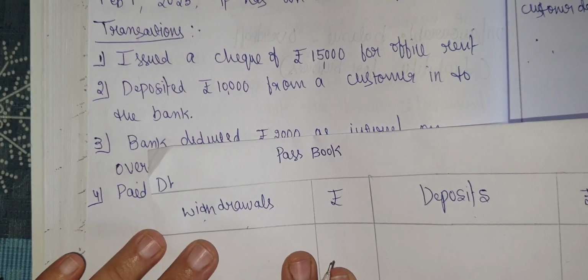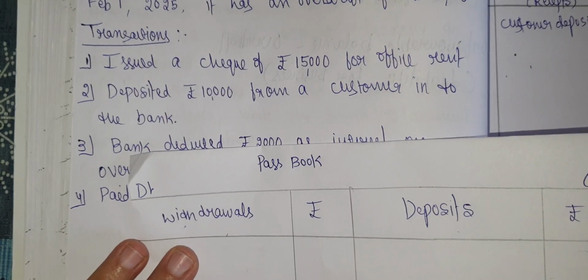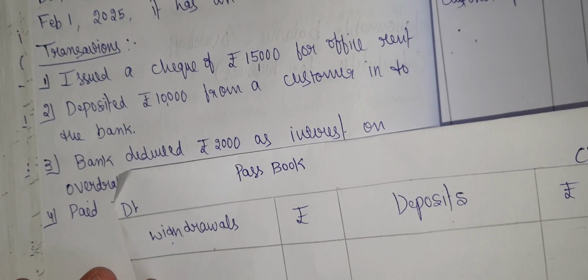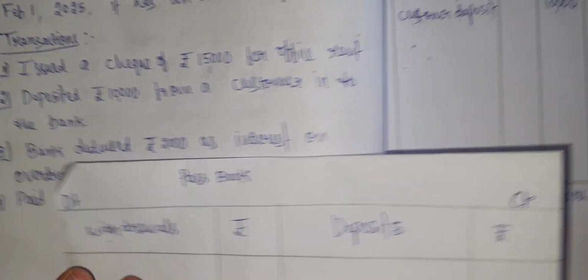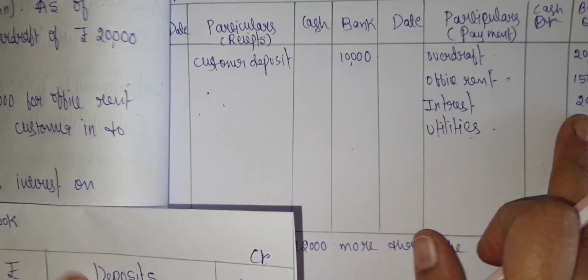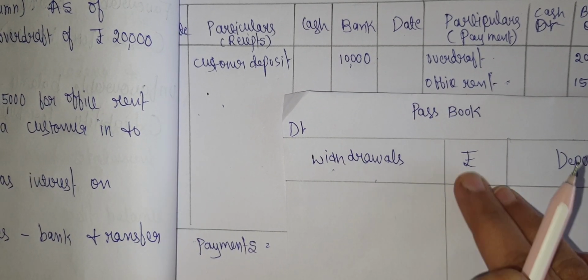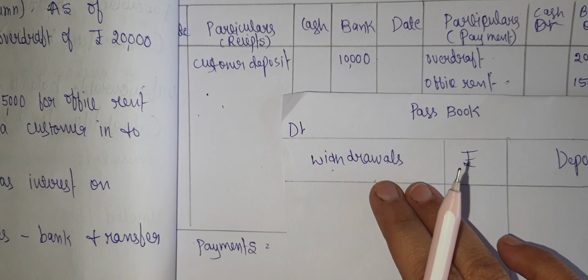So here withdrawals means we have to write down the overdraft, that is rupees 20,000, office rent 15,000, interest 2,000 and utilities 5,000 in the debit side of the passbook.